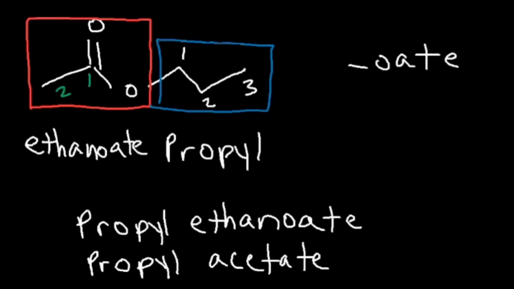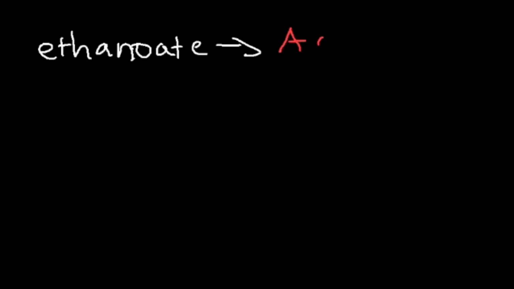If you want to convert the IUPAC name to a common name, there are some things you need to know. Whenever you see ethanoate, you can replace it with the common name acetate.